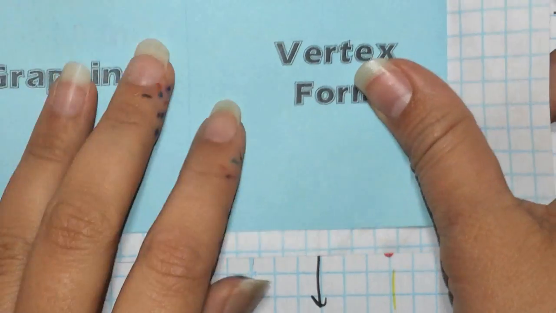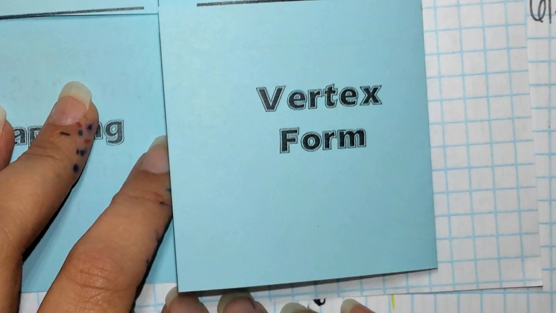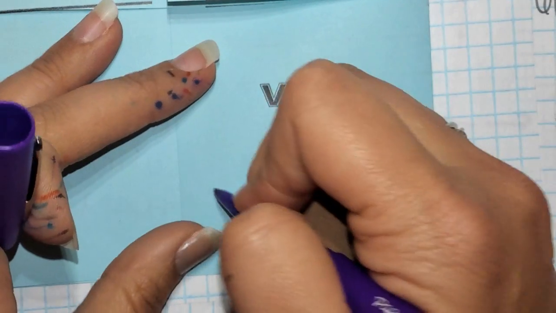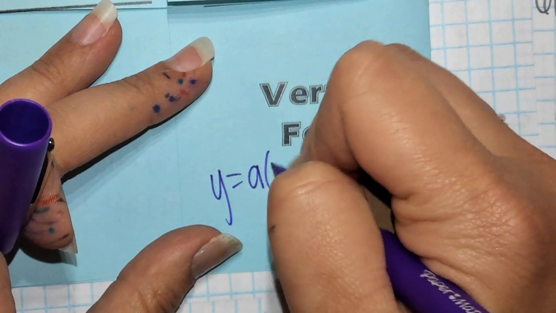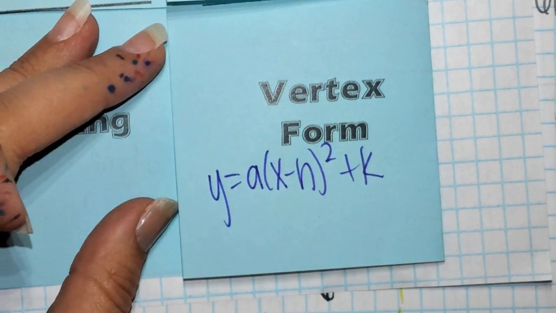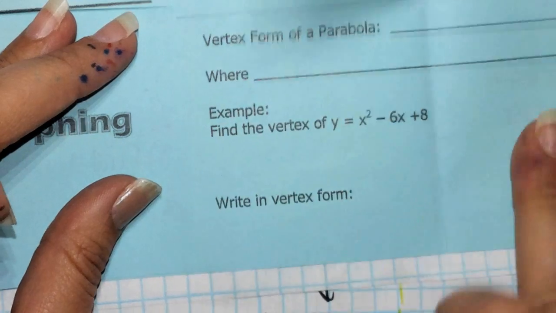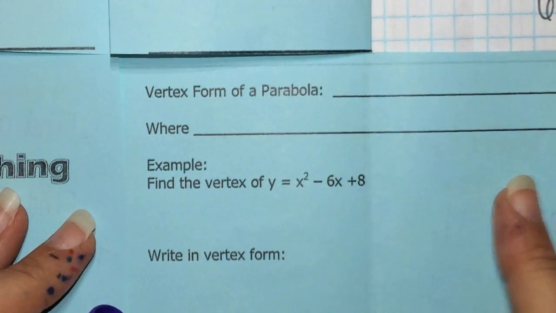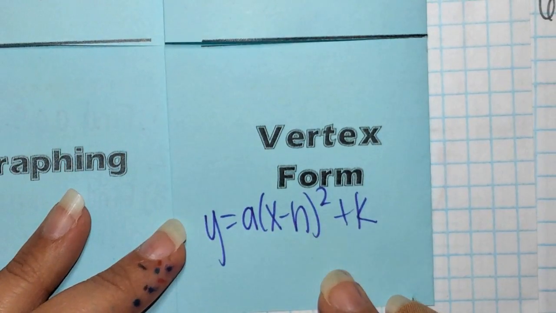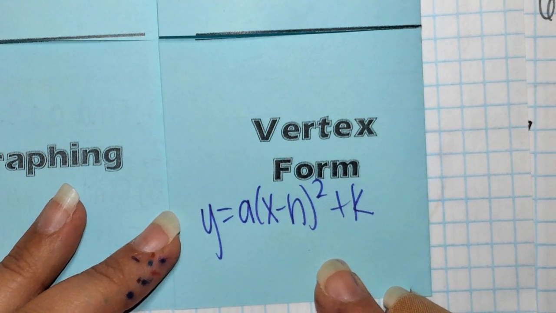All right, so I want you to look at this one. We're going to learn how to write in vertex form just how we learned how to write in intercept form. It's super easy. On the outside, I want you to write what vertex form is. It's y equals a times x minus h quantity squared plus k. Now we're going to go from standard form to vertex form.